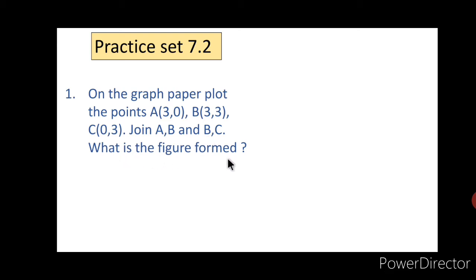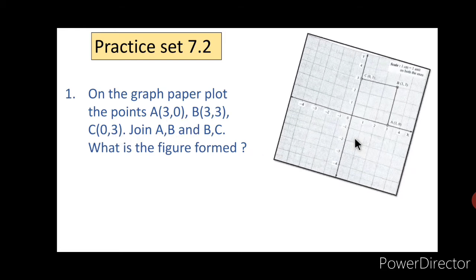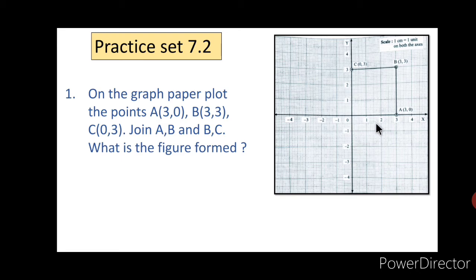What is the figure formed? When we plot these points on a graph paper, we can see the points plotted here. The point A, whose x coordinate is 3 and y coordinate is 0.